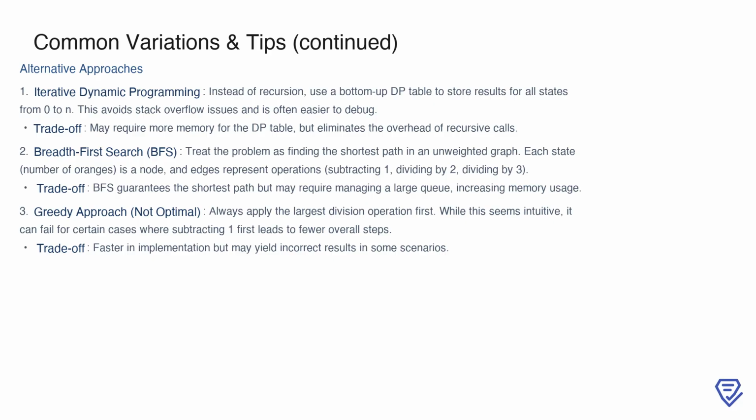Lastly, a greedy approach could be attempted by always applying the largest division operation first. While this is fast to implement, it's not always accurate, as it can miss scenarios where subtracting 1 initially leads to fewer overall steps. Each method offers trade-offs, so understanding their strengths and limitations is key to selecting the most appropriate one for the given problem.